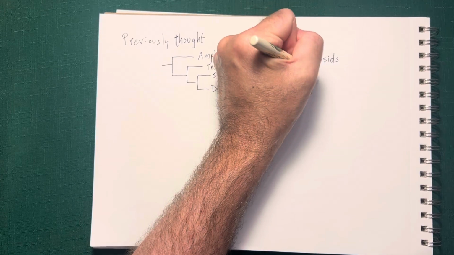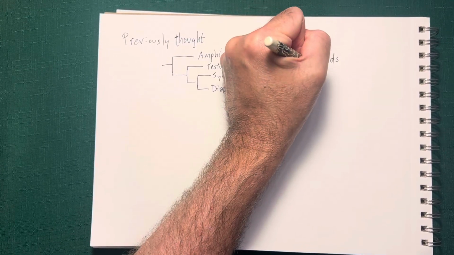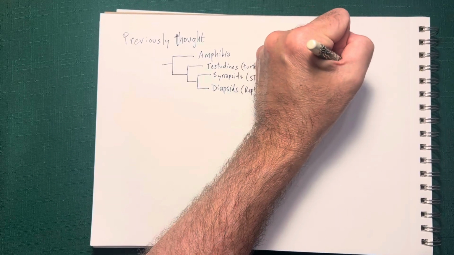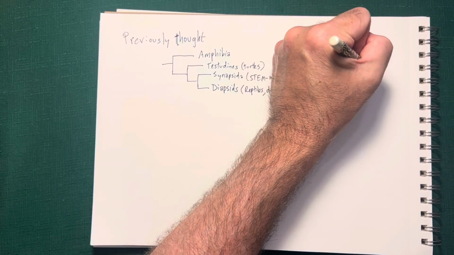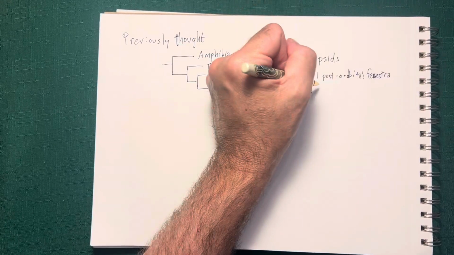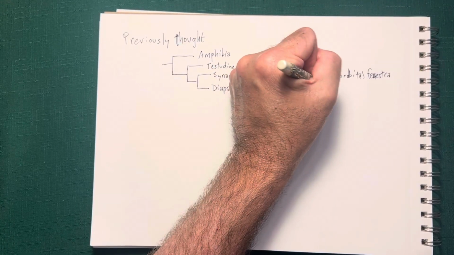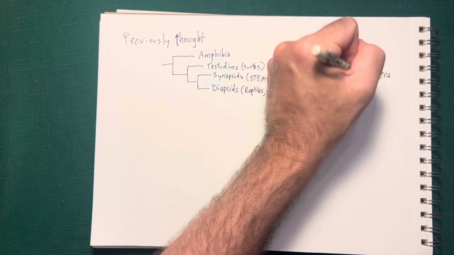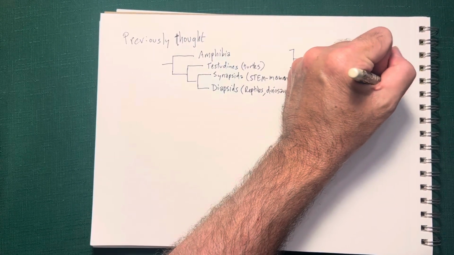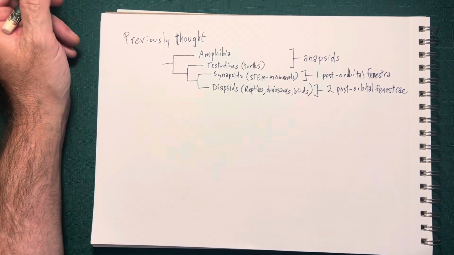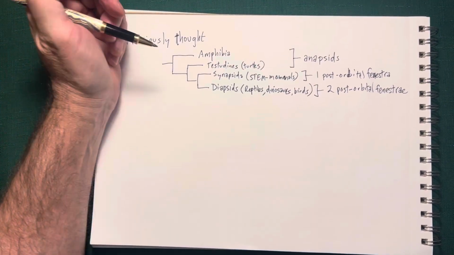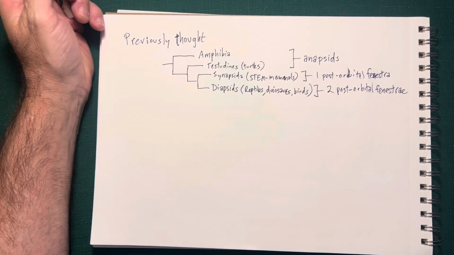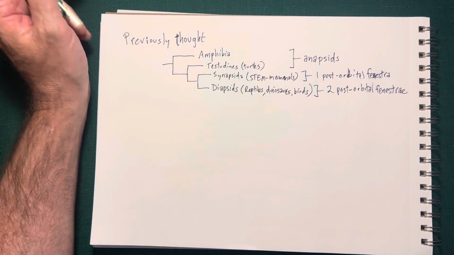Synapsids have one postorbital fenestra, and diapsids have two postorbital fenestrae. So skull morphology was a big part of this thinking, and also because a lot of turtles are found in water. So this idea made some sense.